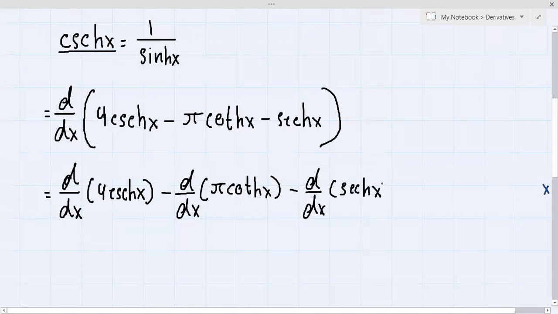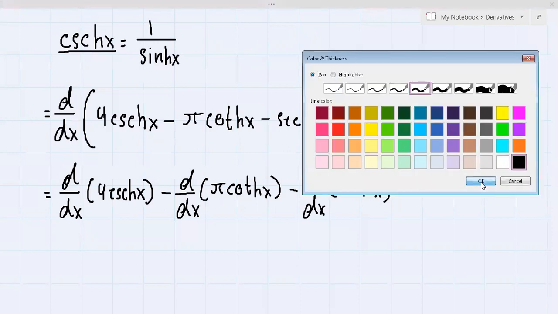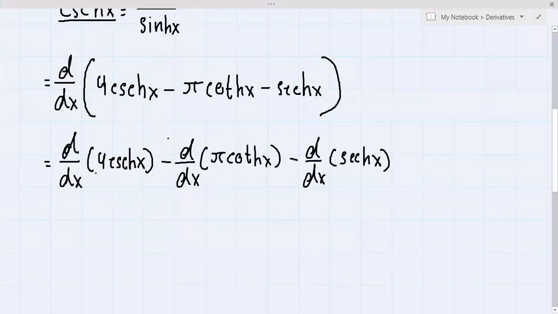Before we further evaluate this derivative, we notice that the first two terms have constants. First, you have 4 cosecant hx, so you have a constant.